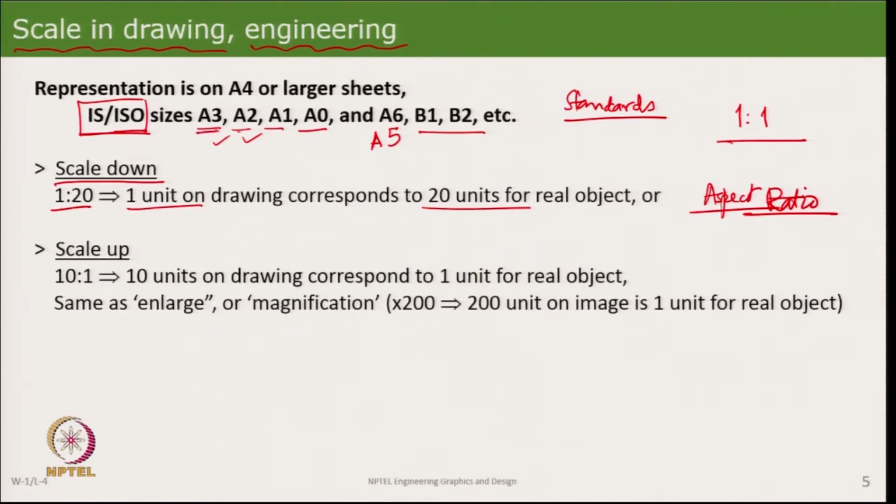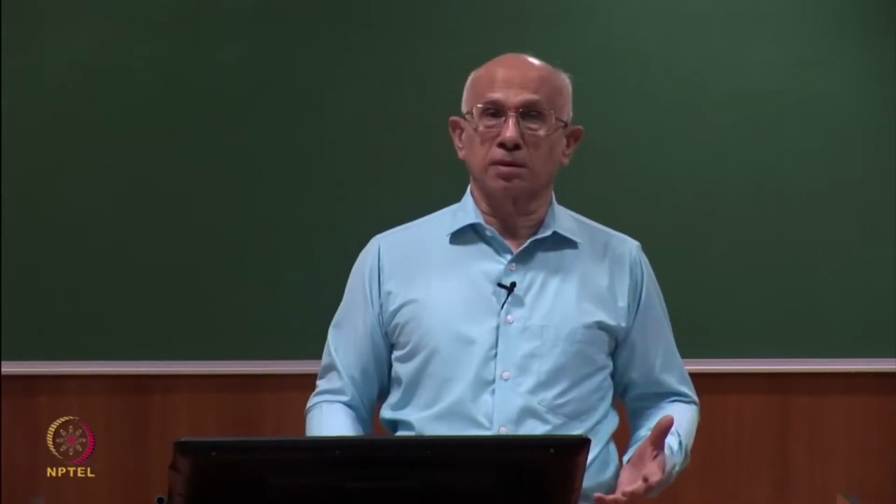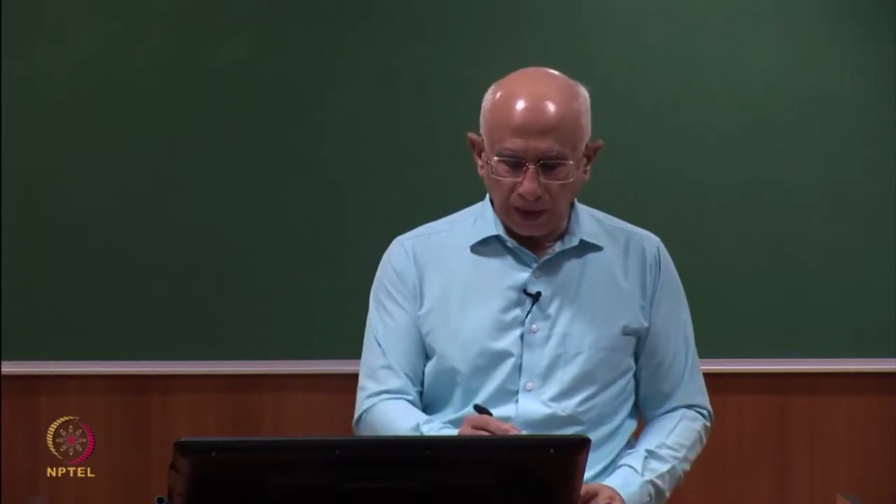So, we may have to go in for A3 or A2, and if it looks good enough on A2, we are able to show everything very clearly, then drawing it on A0 and further blowing it up and making it big does not really make sense. So, that is a decision we have to take as a designer. What is the best way to show the drawing? Simply because ultimately a drawing has to be always understood by somebody else. That is scaled down.